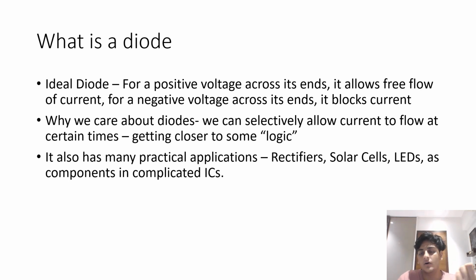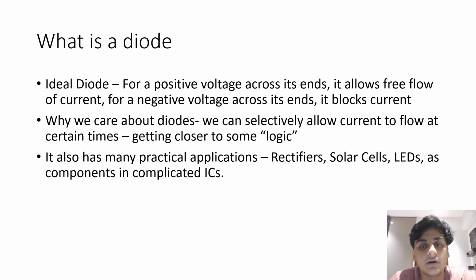And this kind of gives us a clue as to why we care about them. Because depending on the value of some voltage, the current flow is selectively allowed, which means that when we are able to make some type of diode, we are getting close to some form of logic, because we are able to control the flow of current based on some property of the voltage.